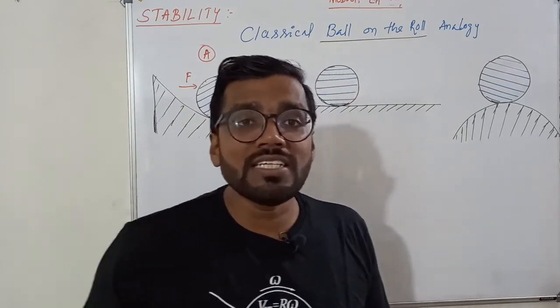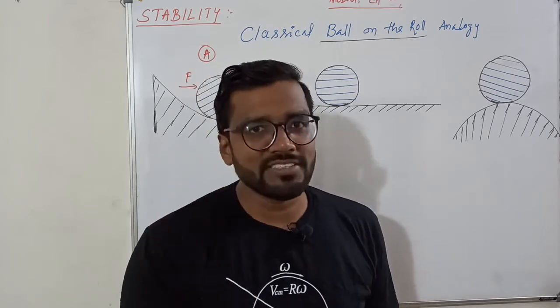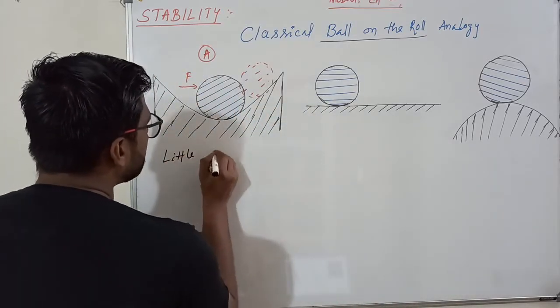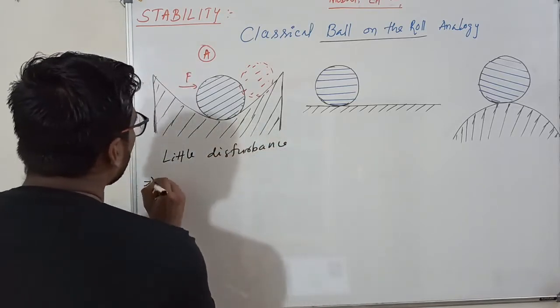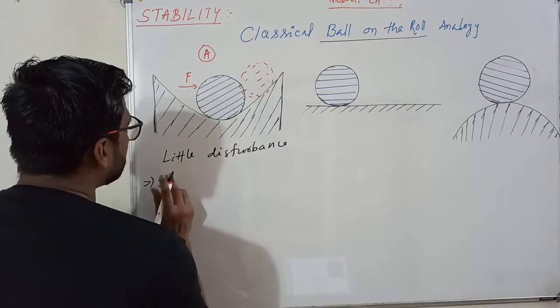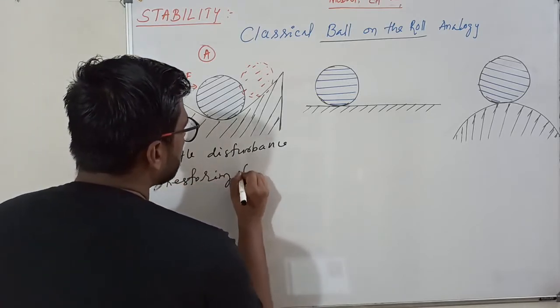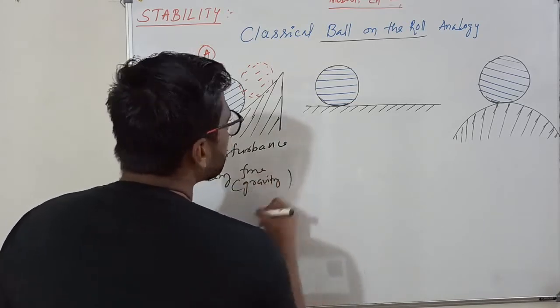Why? Because it has a restoring force. Which one is the restoring force here? Gravity is the restoring force. So when you give a little disturbance either to the left or right, there will be a restoring force, and the restoring force here is the gravity force.